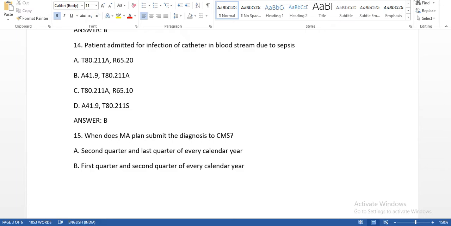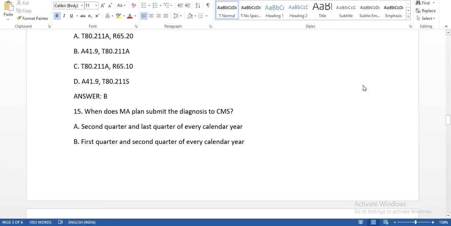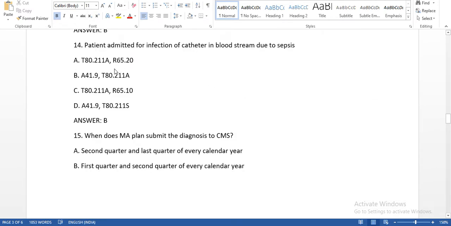So we need to check sepsis in the index and also check infection of catheter bloodstream in the index. To find this answer there is no guideline pertaining to it. So here our answer is B: A41.9 for sepsis, T80.211A for bloodstream infection of the catheter.